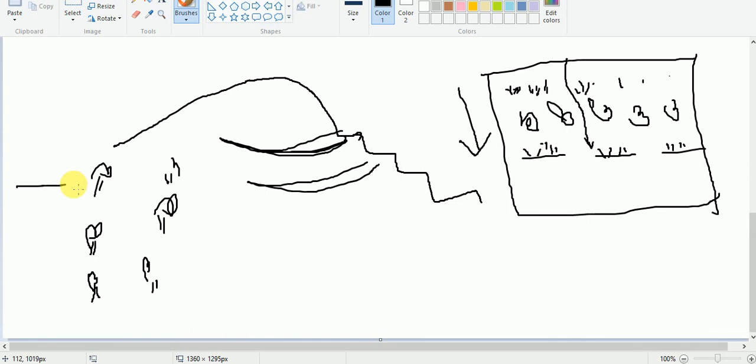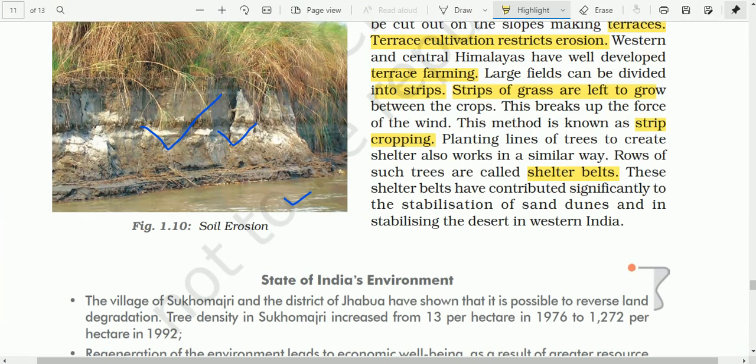When the wind blows over it, it checks the speed of the wind. Planting of trees in rows will also prevent soil erosion, and this is mainly practiced in desert areas.